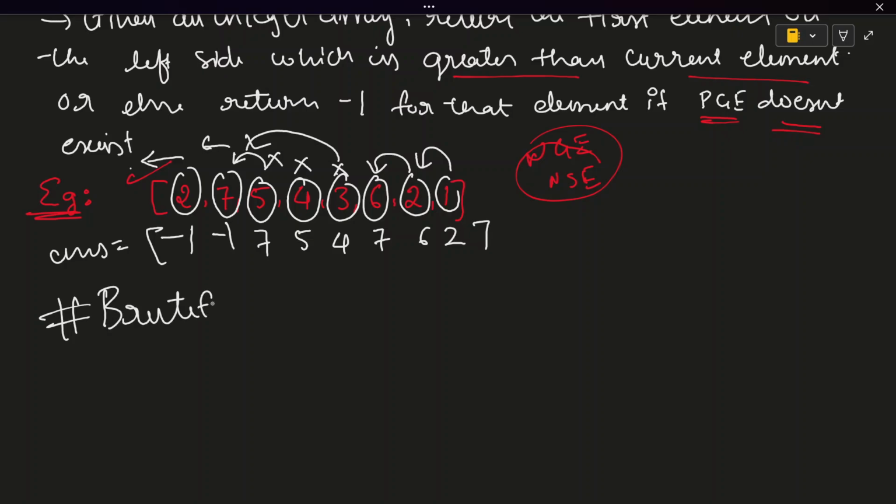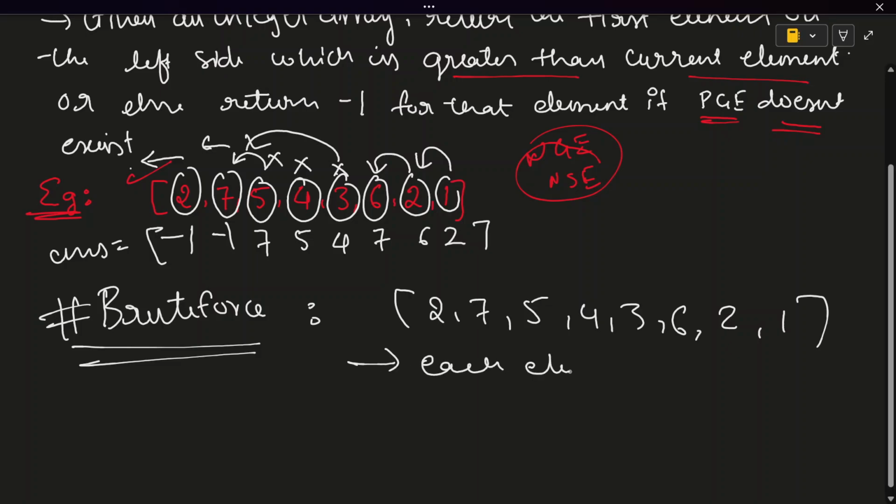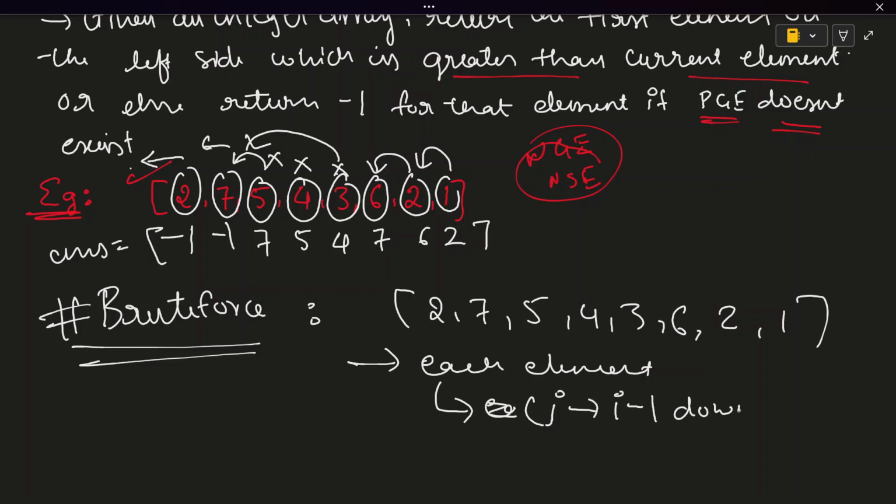Let me write it down. What we do here is 2, 7, 5, 4, 3, 6, 2, 1. So basically we traverse through each element, and again for each element we traverse from the previous index, that is, let's say j equals i minus 1 down to 0.